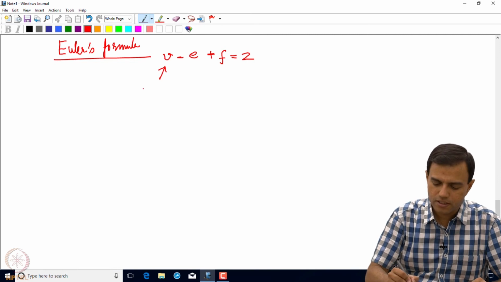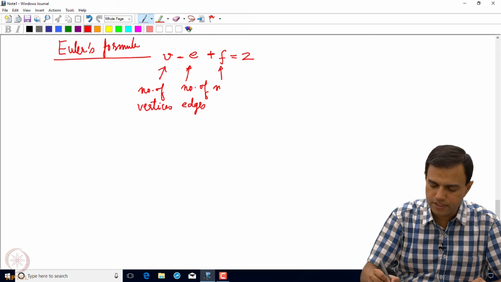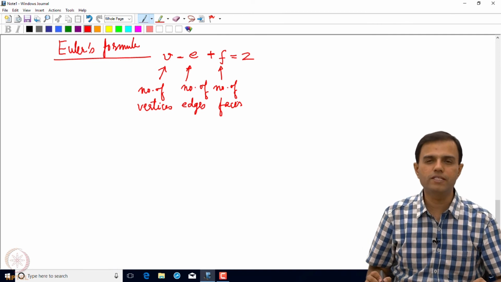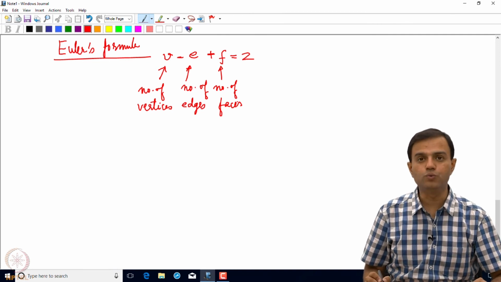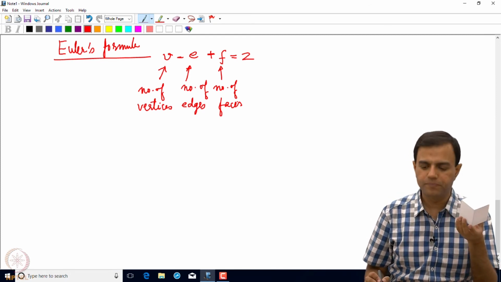So this is number of vertices, this is number of edges and this is number of faces. If you make this computation, you are always going to get the number 2. That is quite curious. Let us see this one.